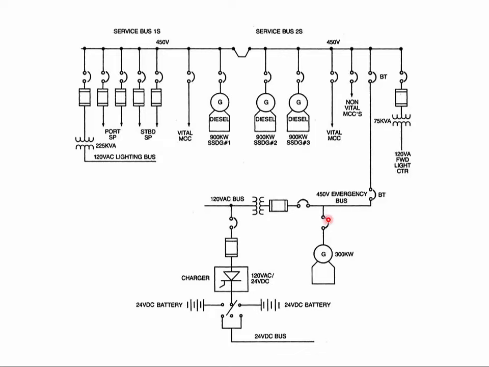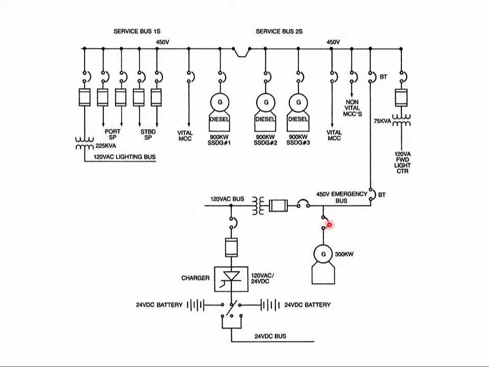So as soon as this opens, this goes dead, and anything on that bus, say if you have cooling water pumps, they're going to shut down, and most likely, because most of our pumps are set up that way, they will not restart. So that's one of the things to be conscious of as you go through this automatic bus transfer process, is that you may have pumps that are operational that will stop and not restart afterwards, and you have to remember to do that.